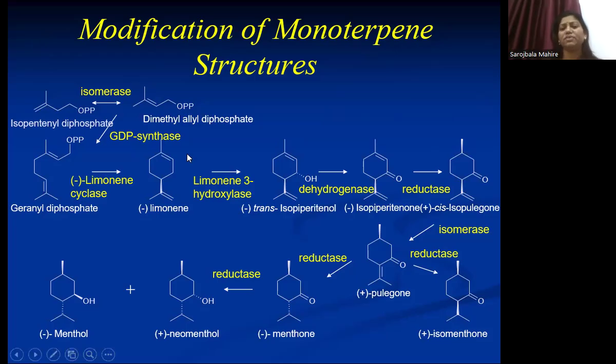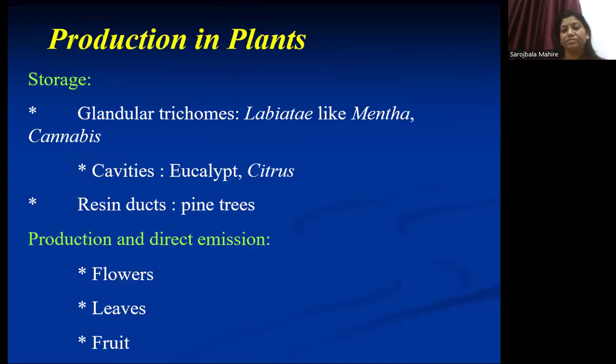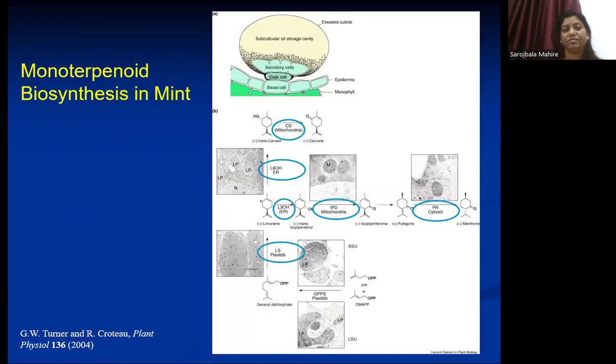And by this process, different types of compounds are synthesized here, step by step. Finally, we get the secondary metabolites using different types of enzymes, like menthol, neomenthol, and isomenthol also. Different processes, these are again different examples.